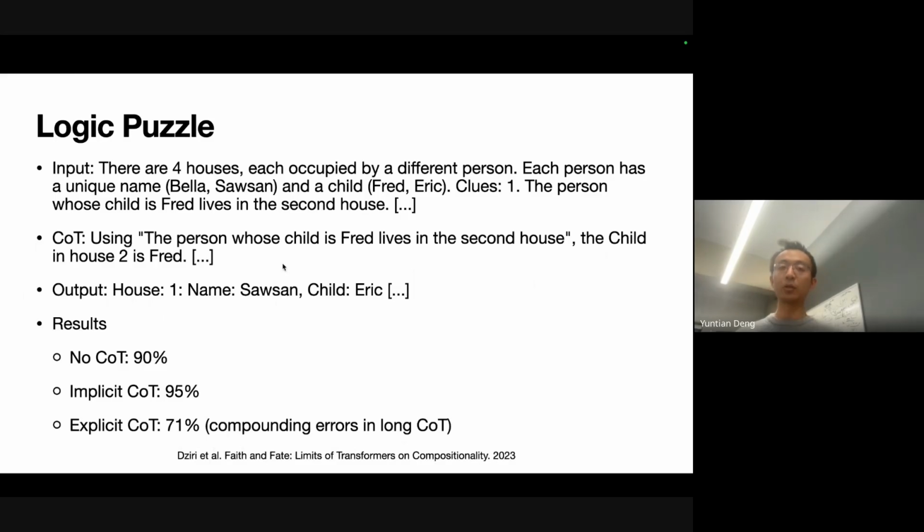Whereas for no chain of thought and implicit chain of thought, they are directly outputting the final output without having to output this intermediate chain of thought, which might be the reason why they have better accuracy. But again, on this task, we can see that implicit chain of thought is getting better accuracy than no chain of thought. And again, I want to emphasize that there's no free lunch. It's because we are using additional supervision during training.